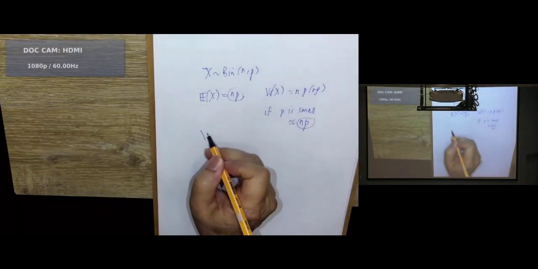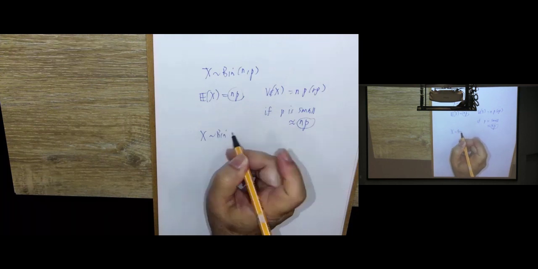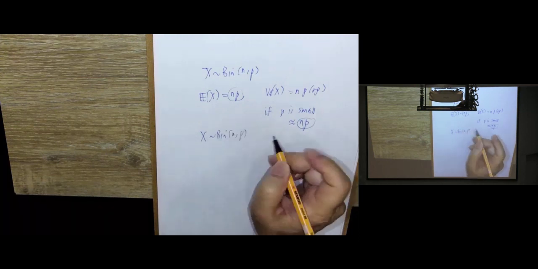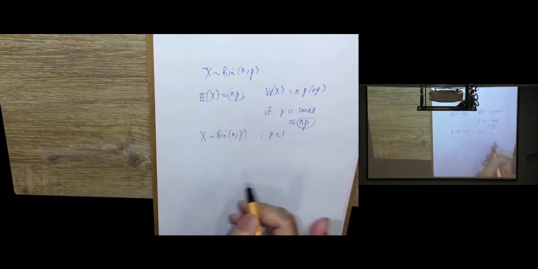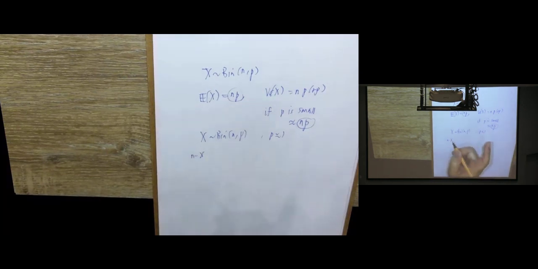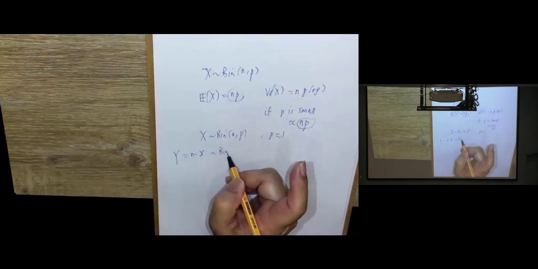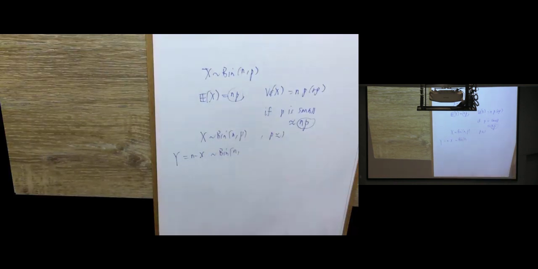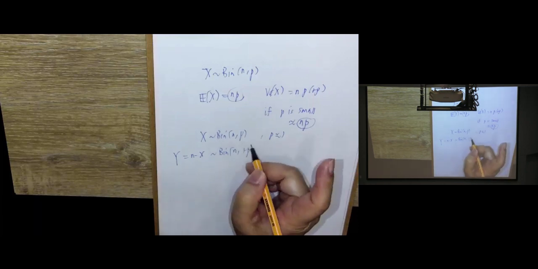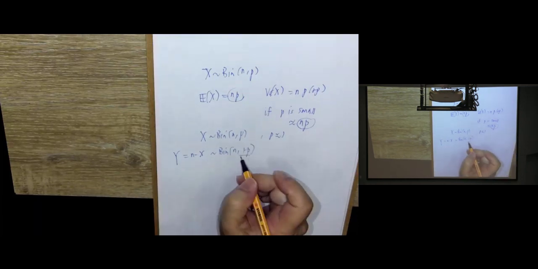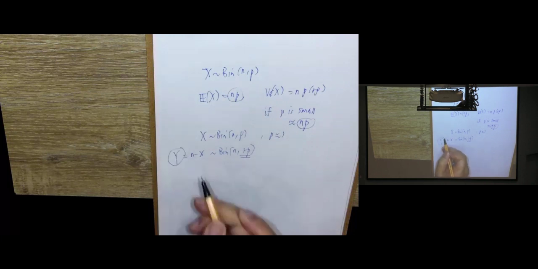So if X is binomial(n, p), and p is very close to 1, then n minus X counts how many failures. So this will be your new Y, and this would still be binomial, but now the probability is 1 minus p. And now you approximate this.